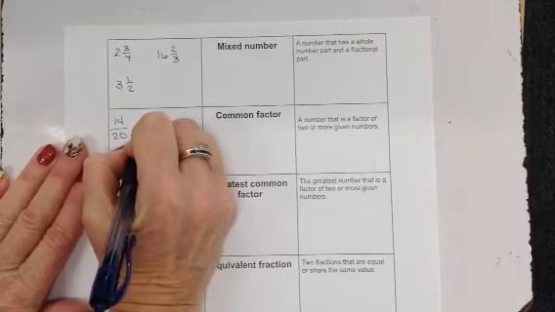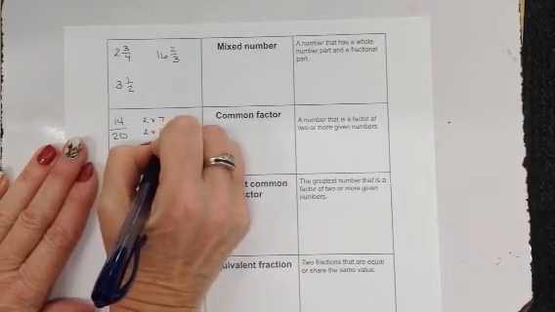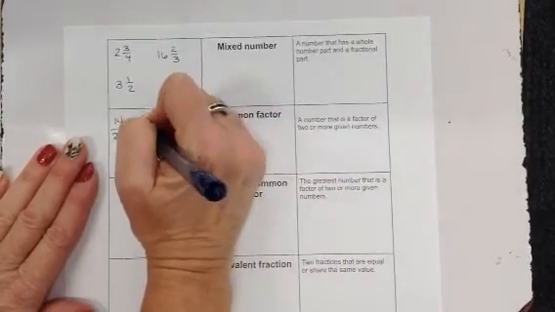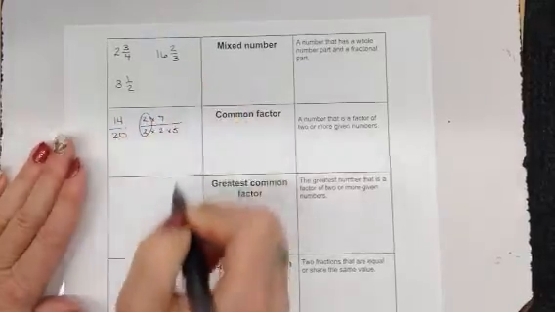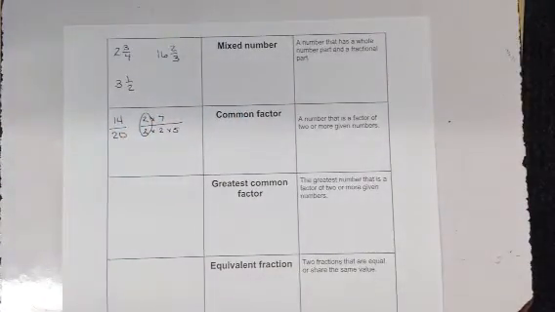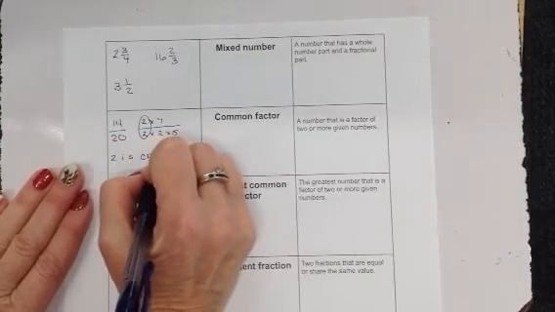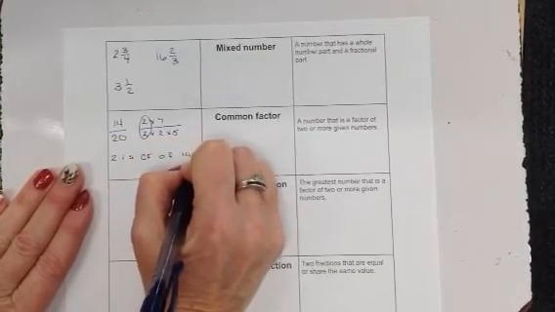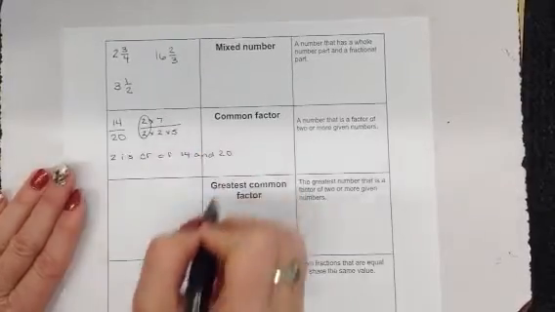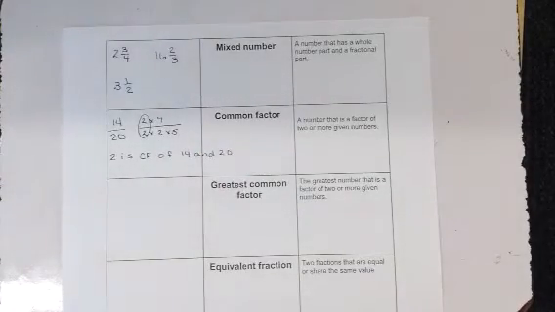To get to 20, I might have 2 times 2 times 5. So right here, those 2's are my common factor. So 2 is a common factor of 14 and 20. And again, we'll talk a little bit more about common factors as time goes on.